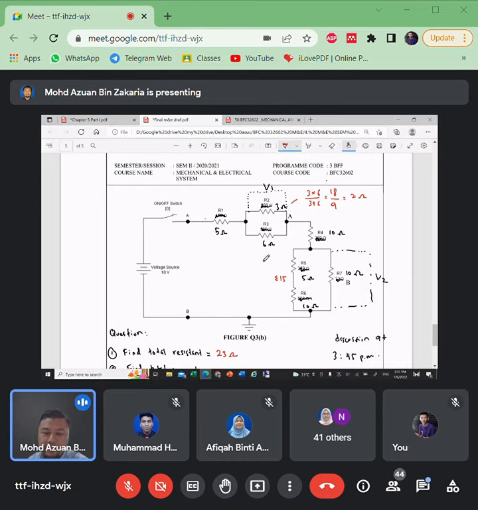18 divided by 9 so 2 ohm here, and then here 15, total 15. So at parallel means 15 multiply 10 divided by 15 plus 10. Okay, this is 150 divided by 25. So I believe this will be 6 ohm.